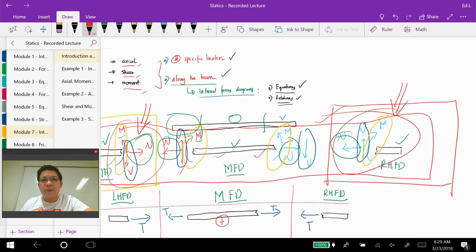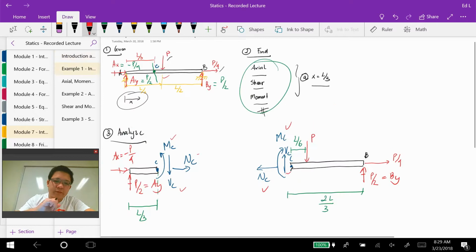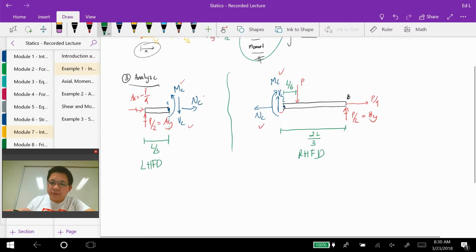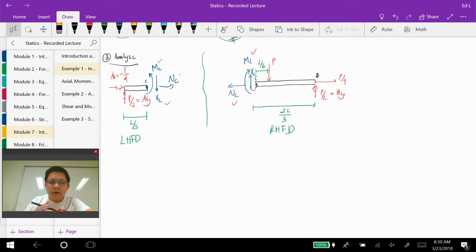So here we have a left hand free body diagram and a right hand free body diagram. When you solve this problem, you can choose either the left hand free body diagram or the right hand free body diagram.